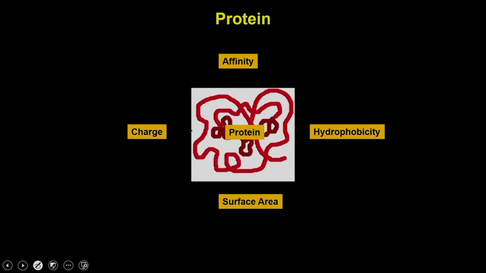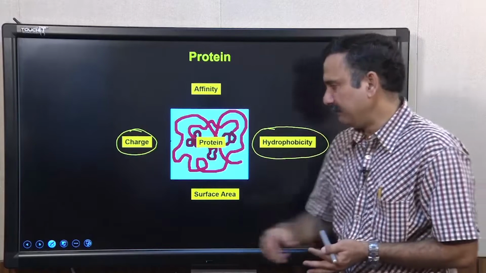If you recall, we have discussed that the protein has multiple properties which can be exploited. So far we have discussed how to exploit the charge or the hydrophobic regions present in the protein with the help of ion exchange chromatography as well as hydrophobic interaction chromatography.